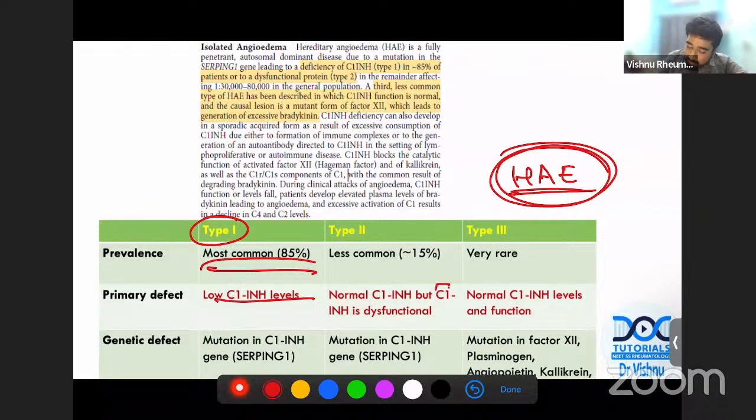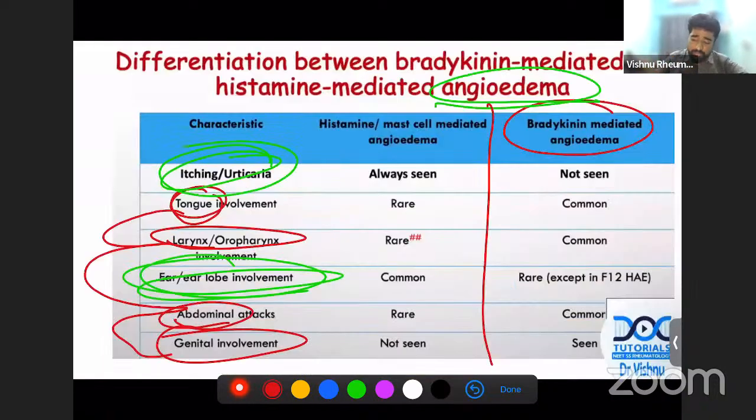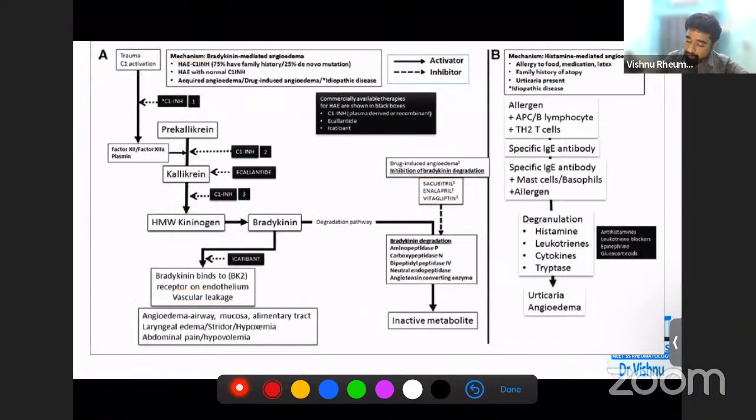Another thing is the amount of that enzyme is normal, but it is dysfunctional. This is usually due to mutation in SERPING1 gene, and this will again lead to increased bradykinin formation. Very rarely there can be normal pathway in the sense of this whole bradykinin area.